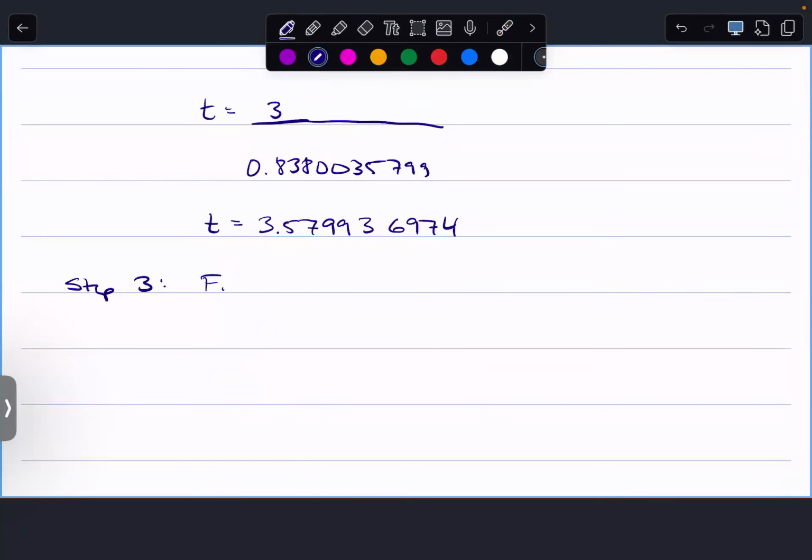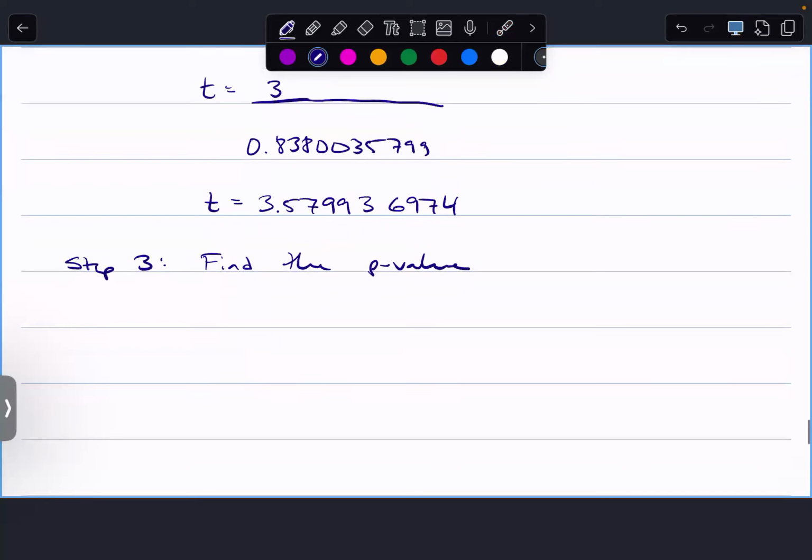Step 3, find the p-value. Or the critical value if you prefer. First, I need the degrees of freedom. Degrees of freedom is n minus 1. That's on your formula sheet, but also we used it for the mean, for the paired data.